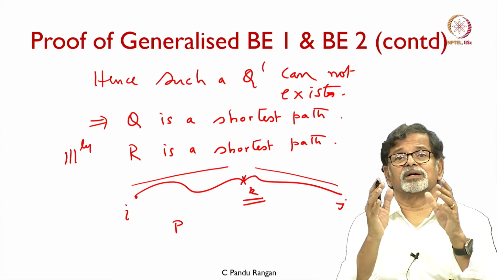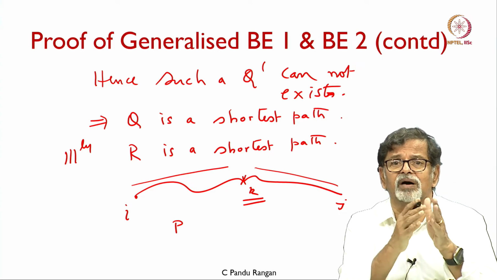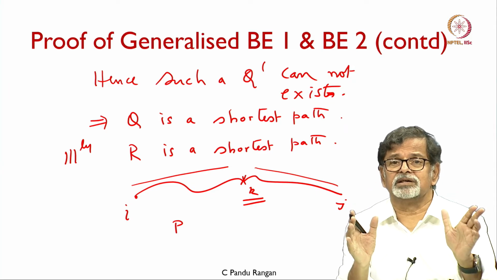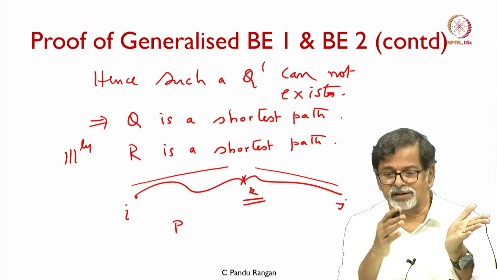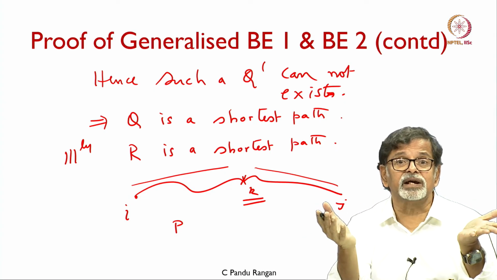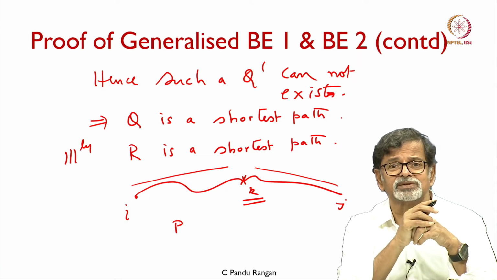Therefore, the shortest path from I to J is a combination of shortest path from I to K and K to J. You do not know for which K this is true, right.